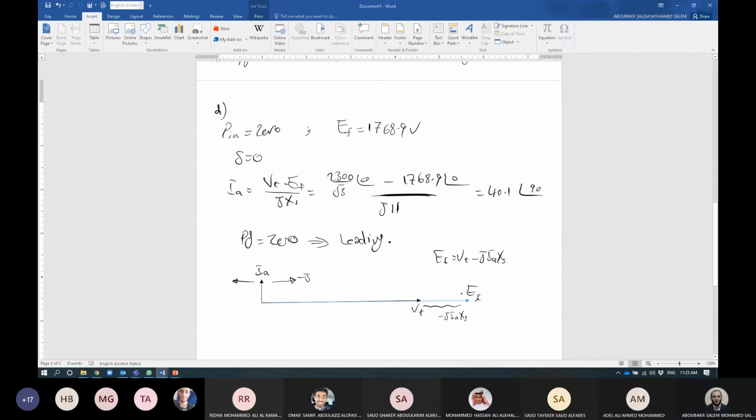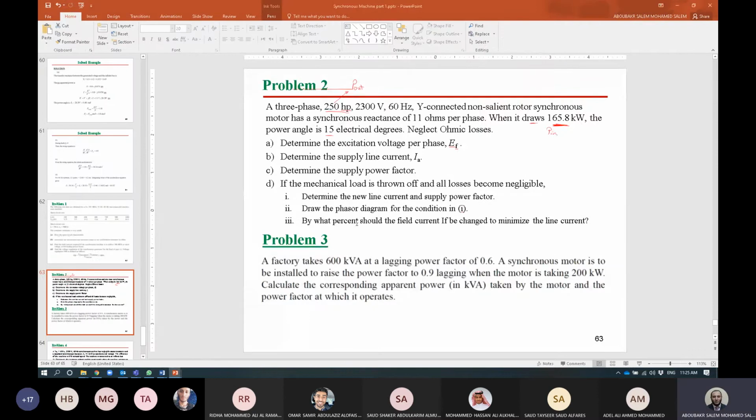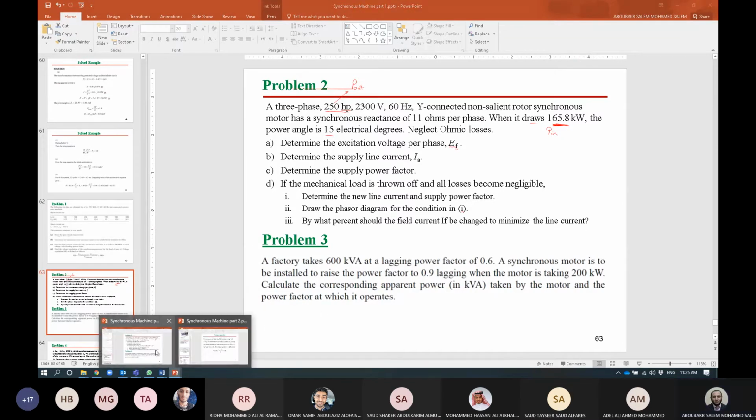Number 3: by what percent should the field current IF be changed to minimize the line current? How much should the field current be changed in order to minimize the line current?